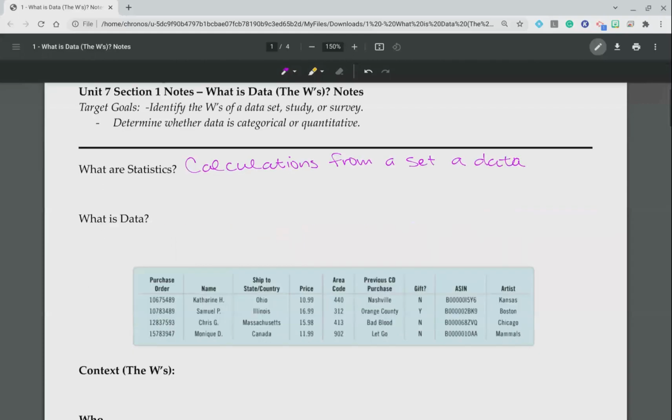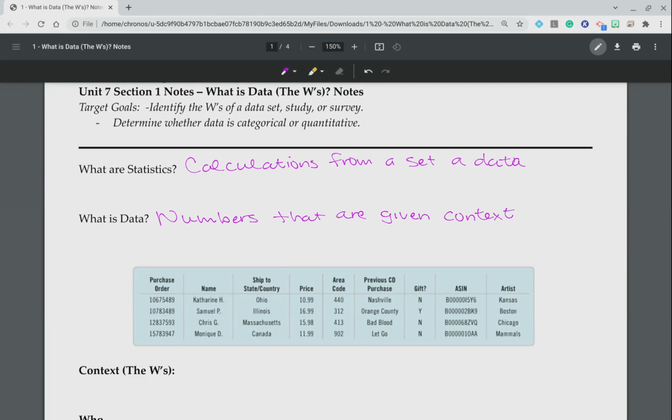Okay, so like this table down here is an example of data. All right, so data is values along with context, or I'll say numbers. Oh, sorry, not content, context.